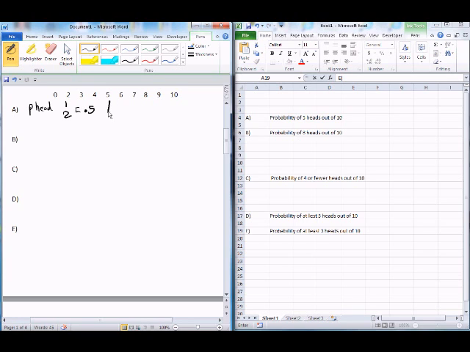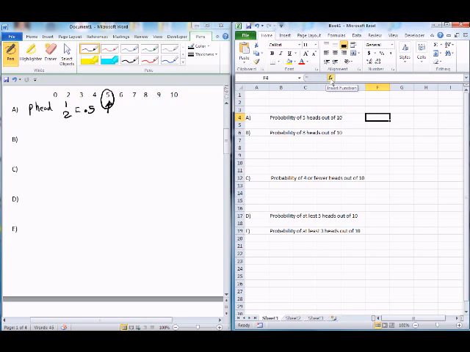So we're looking for an exact number. What if I flip a coin 10 times? This question is asking, if I flip a coin 10 times, what's the probability of getting exactly 5 of those heads? So the probability of 5 heads. I'm going to put this answer down over here.